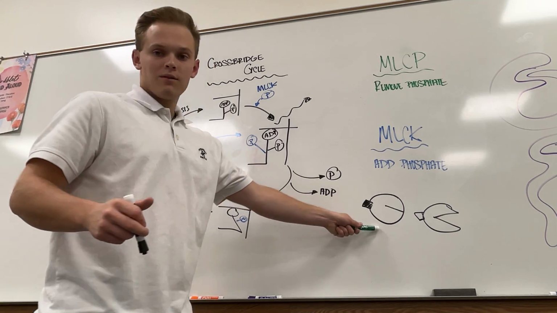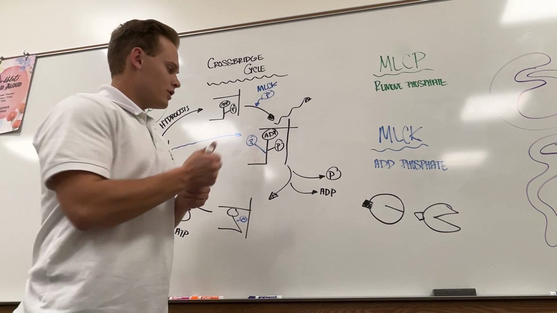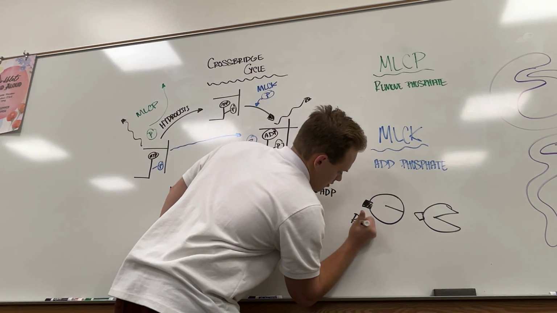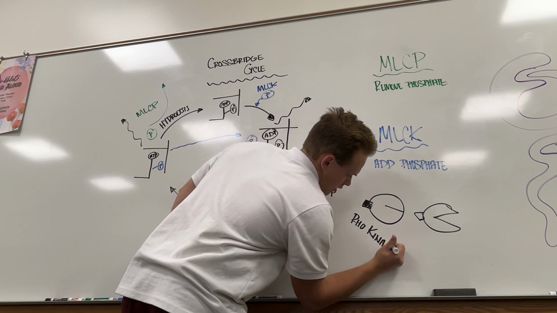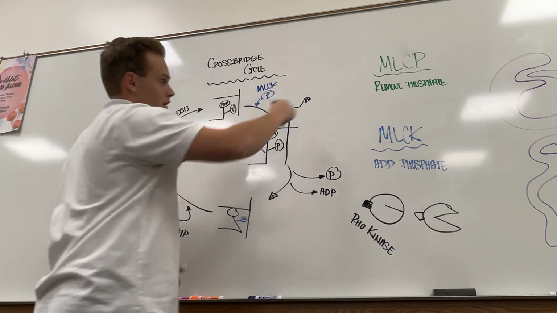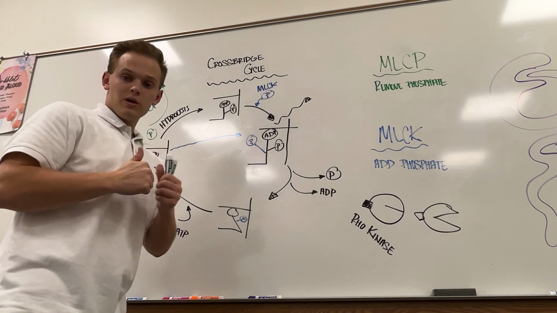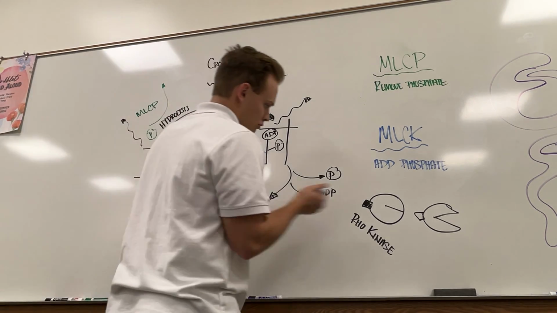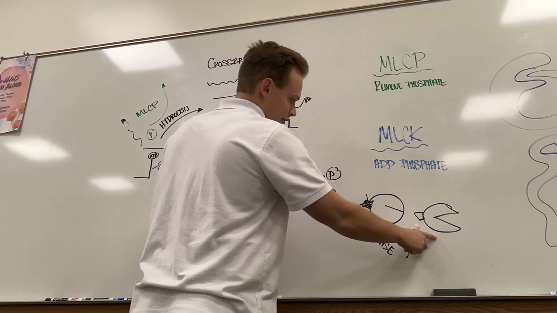This is inactivated, this is activated. See this black box right here? That is called your Rho kinase. Your Rho kinase inactivates your MLCP. However, surplus in calcium is going to inactivate your Rho kinase, which allows MLCP to activate.